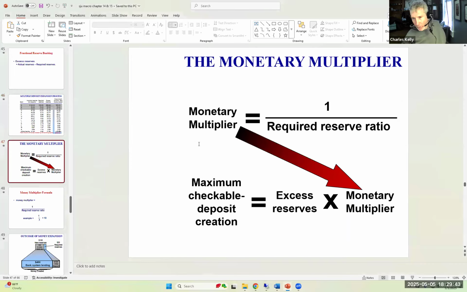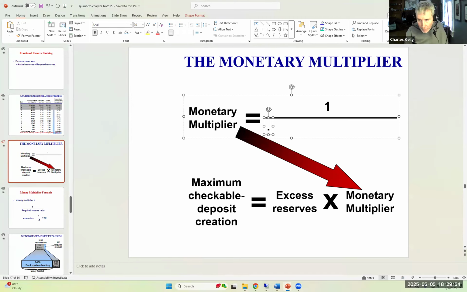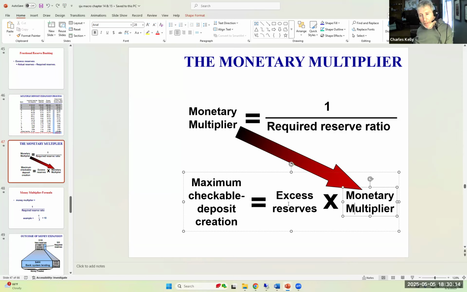Now, again, let's go back to our equation here. If the required reserve ratio is 0.2, 20%, 1 divided by 0.2 is 5, right? So let's assume that this number here, the money multiplier, is 5.